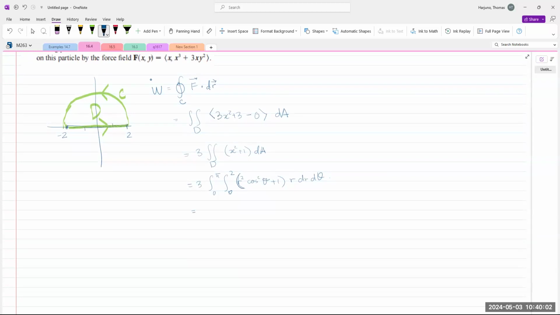So this is 3 times the integral from 0 to pi of r cubed, so that's 1/4 r to the 4th cosine squared theta plus 1/2 r squared, if I integrate with respect to r. So that will be 4 cosine squared theta plus 2 d theta.